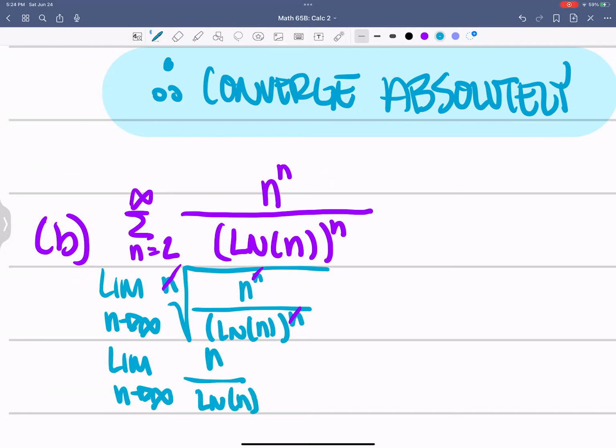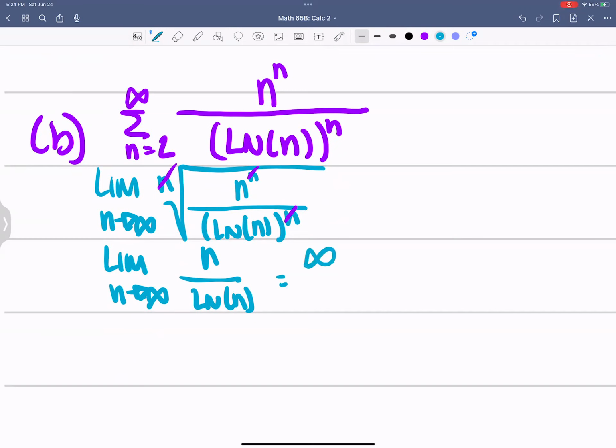All right, so we could apply L'Hopital's rule. We have infinity over infinity. So we have the limit as n approaches infinity, and we could do L'Hopital.